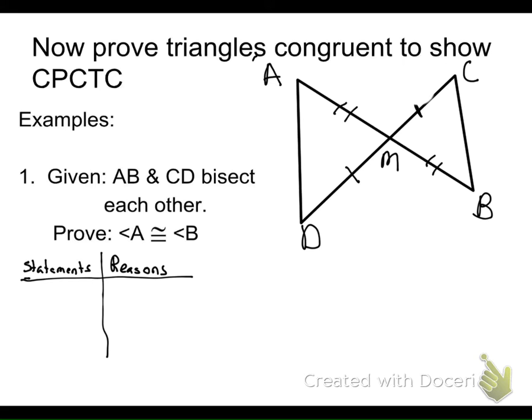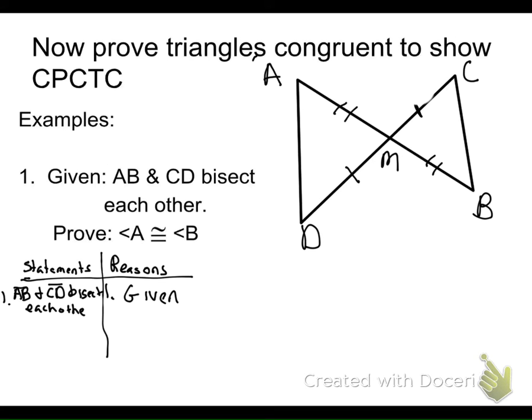When we begin this, we start by saying what is given. So right now, what is given is the fact that AB and CD bisect each other. And we know that because it was given.